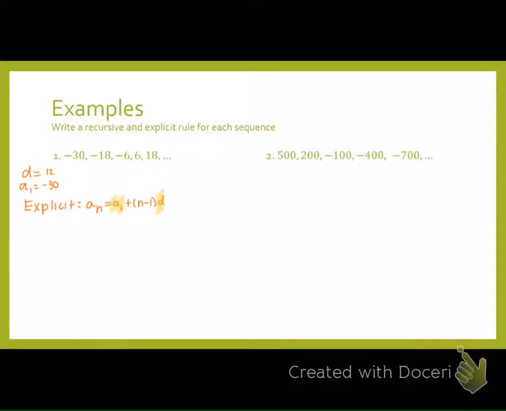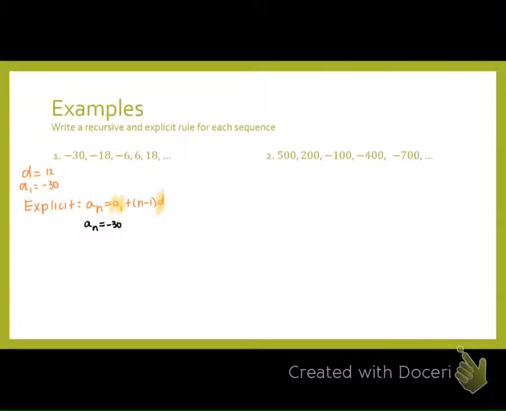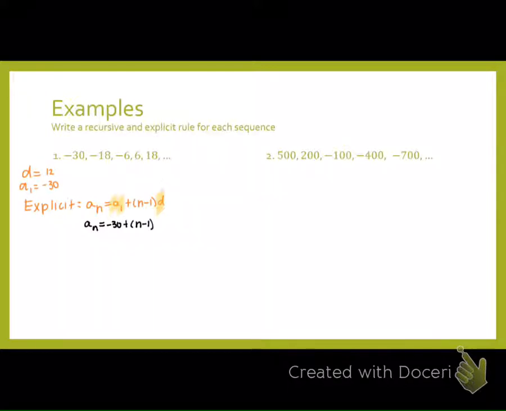Kaylee, you want to try? So only replace the things that have highlights on it. You're going to start with a sub n, because it's a subscript. That's where the sub comes from. I'll get you notes in a second. Equals negative 30 plus n minus 1 times 12.